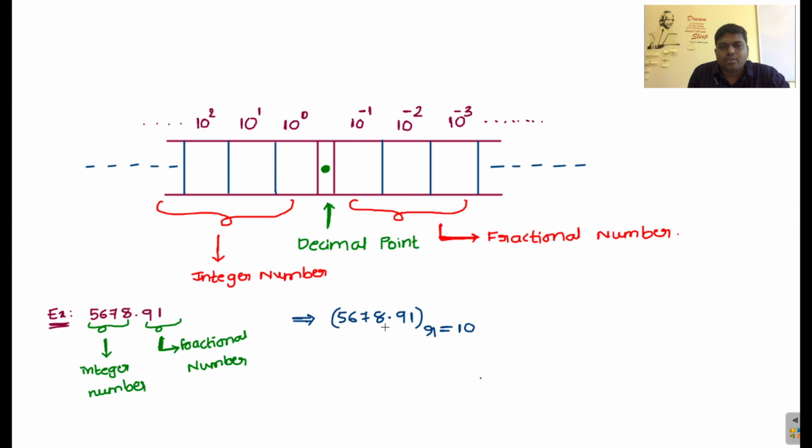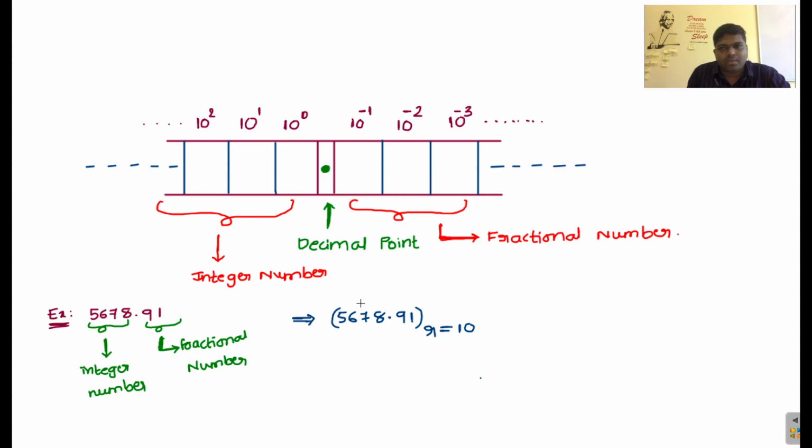The first position weightage is 10 power 0, the second position weightage is 10 power 1, the third position weightage is 10 power 2, and the fourth position weightage is 10 power 3. Like that you can assign the place values. After that you can add all the place values, then you will get your number.